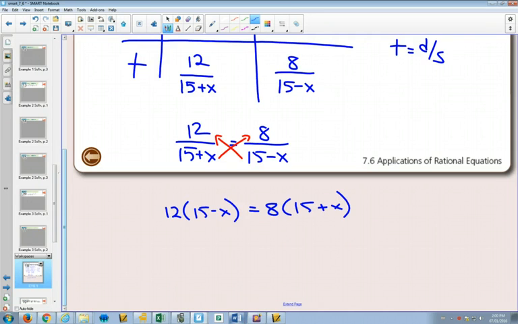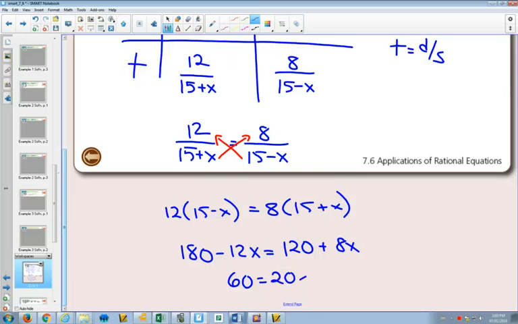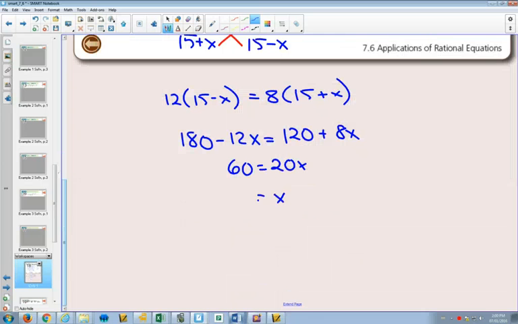Multiplying everything out. Combine your like terms. So the speed of our current is 3 kilometers per hour.